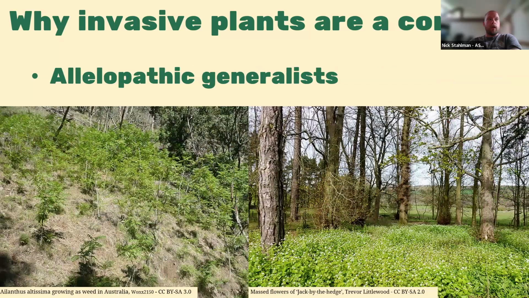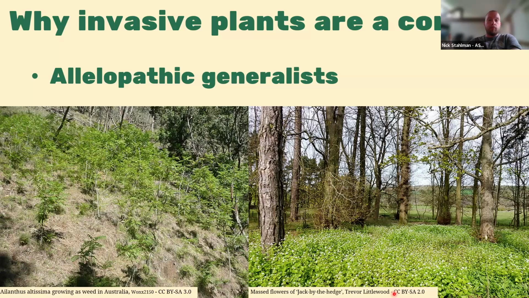They also have something called allelopathy, and they're also generalists. So allelopathy is not present in all invasive plants, but it is going to be present in some, like tree of heaven over here or garlic mustard over here. This is where a chemical is actually released into the soil that suppresses the growth of surrounding plants.